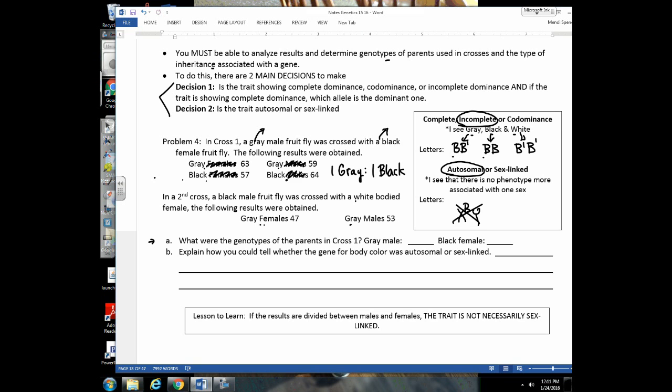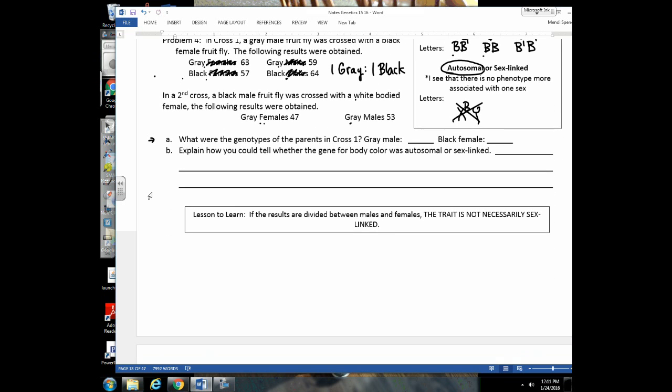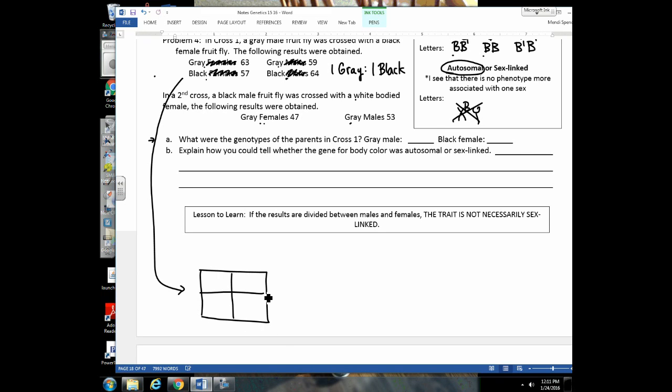And if I've done enough of these problems, then I probably have pictured a Punnett square in my head that would look like this. Gray is the middle, so gray is going to be the heterozygous individual. And then black, we said we would do this for their genotype. And if I do this to check if I'm right here, this is when I would get a 1-to-1 ratio.